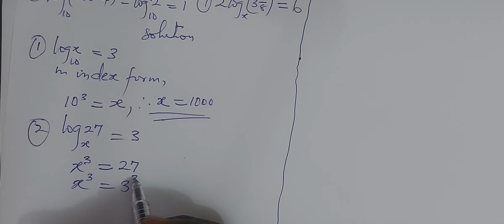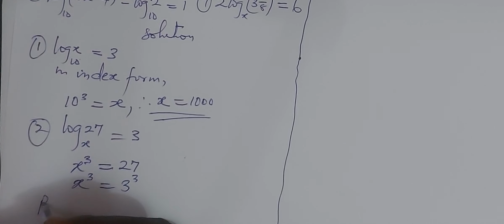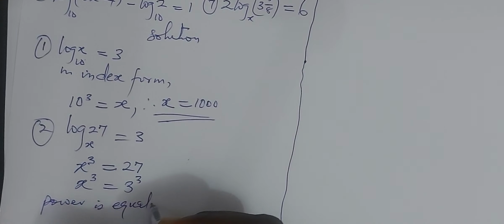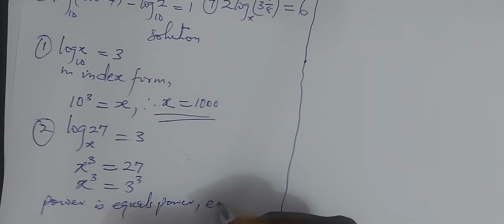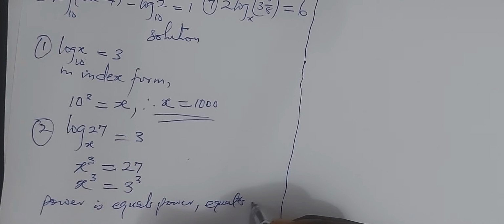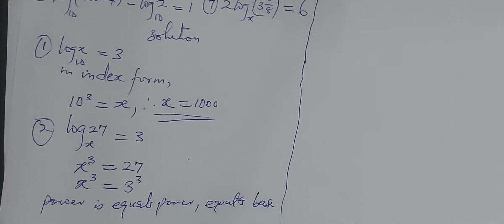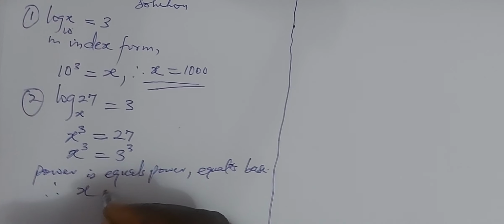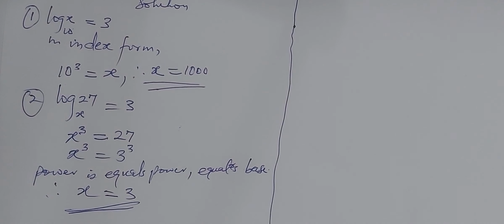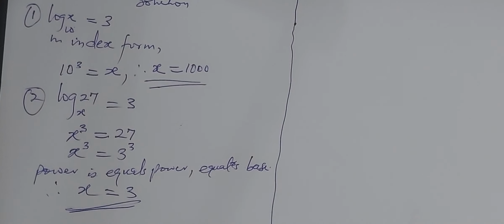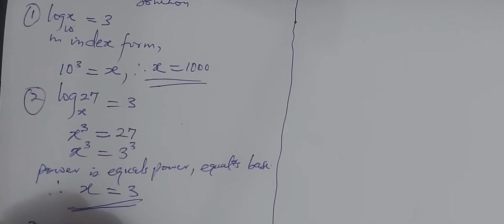Power equals power, this time we equate the base. Hope you understand. So therefore x equals 3, and that is the answer. It's very simple. So let's take number 3.